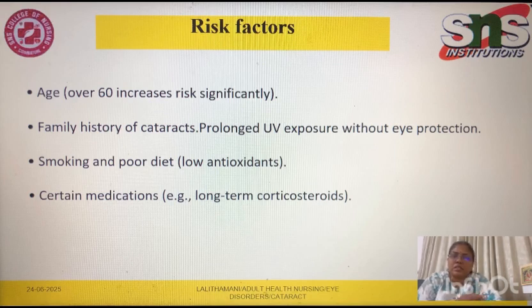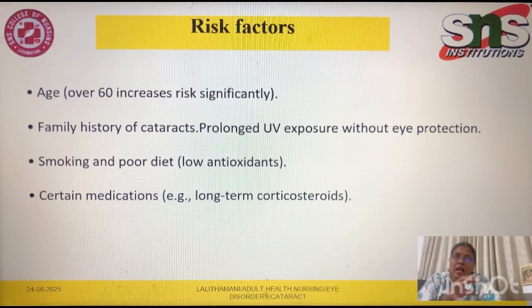So far in this lecture, we have seen the symptoms of cataract: blurry vision, cloudy vision, difficulty seeing at night or in low light, sensitivity to glare and bright light, and faded colors.